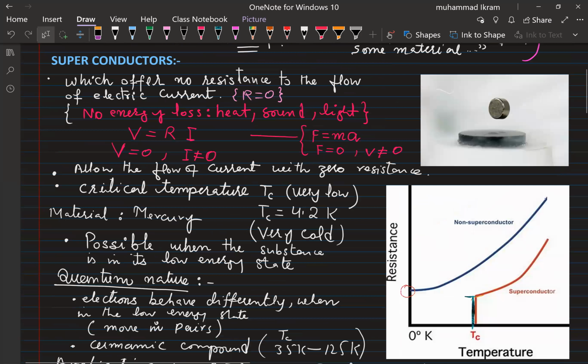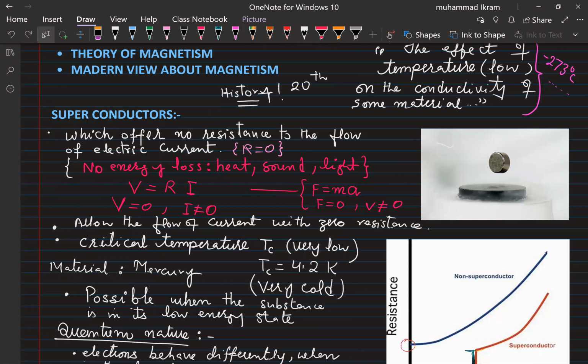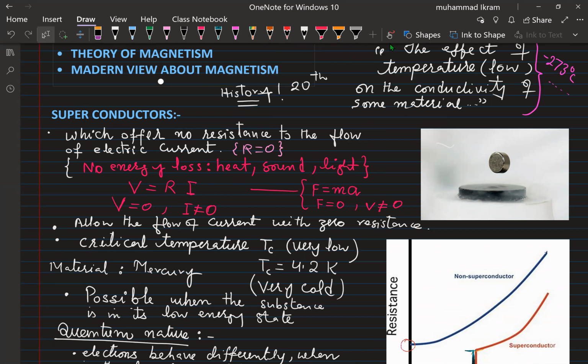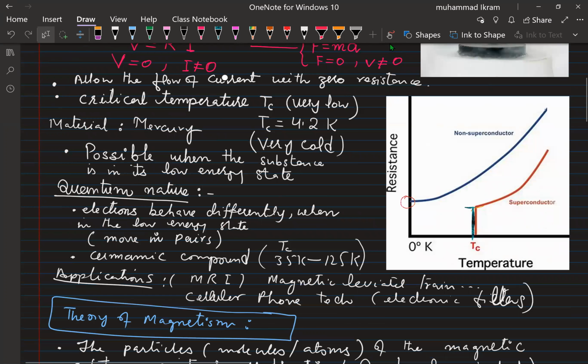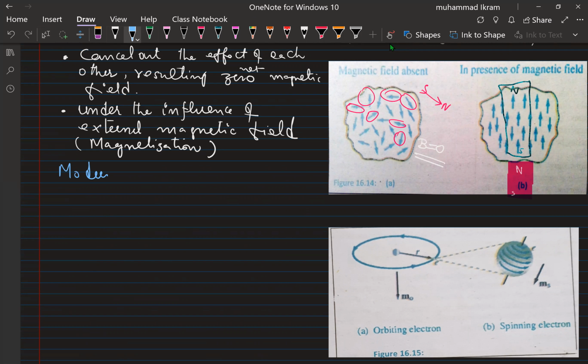Okay, now there is the modern view of magnetism. Next is the modern view of magnetism.